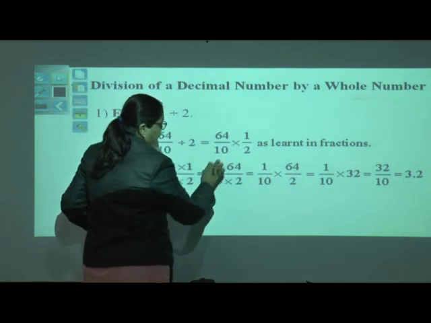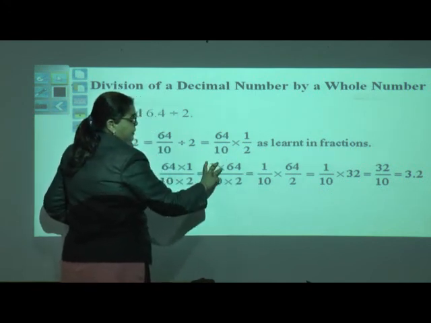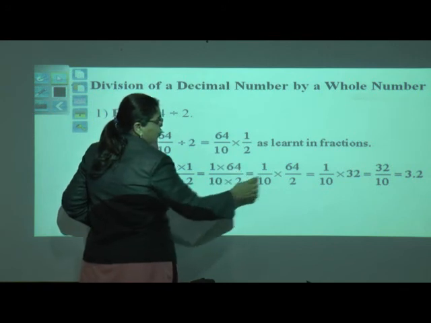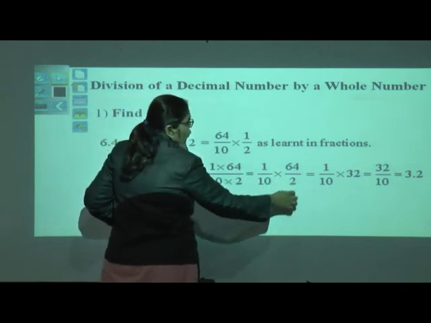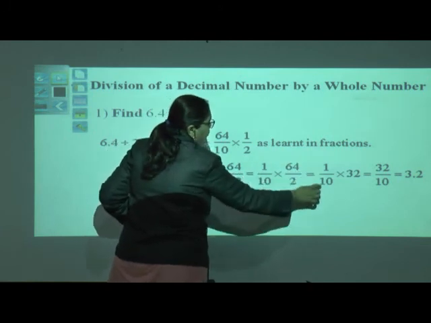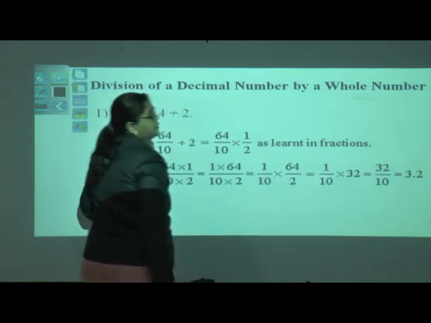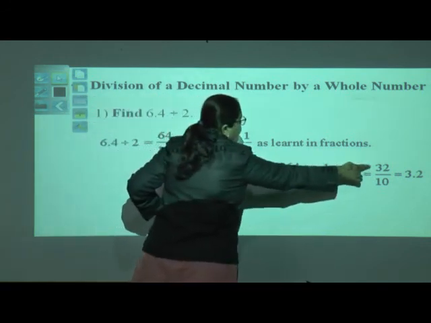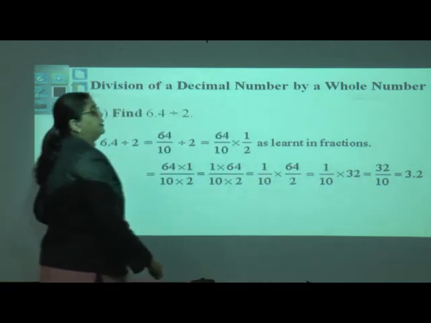I can reduce 64 upon 2: 2 ones are 2, 2 thirty-twos are 64. So 32 ones are 32, and we write 32 upon 10.